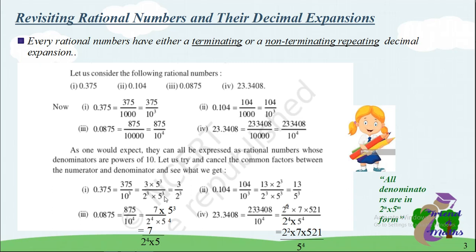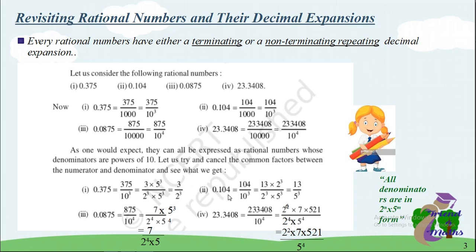Here we can see the common factor 5 cube in both numerator and denominator. So we cancel this 5 cube, and now we get 3 by 2 cube. Now this rational number is in the form p by q, where p and q are co-prime to each other. That means they have no common factors.